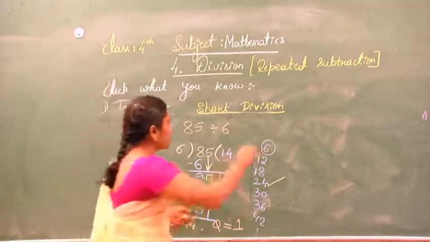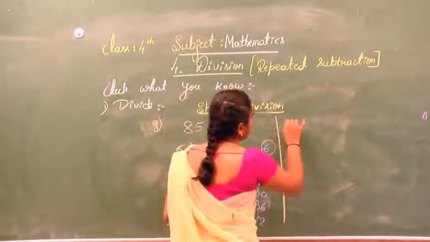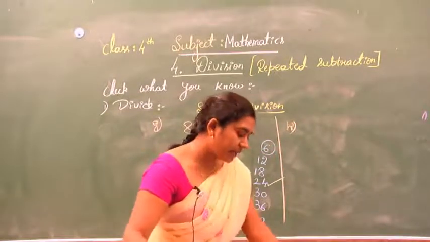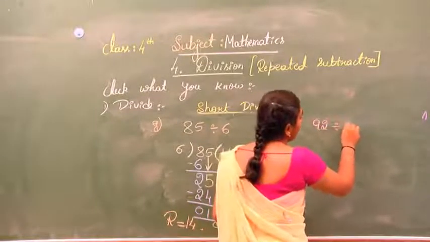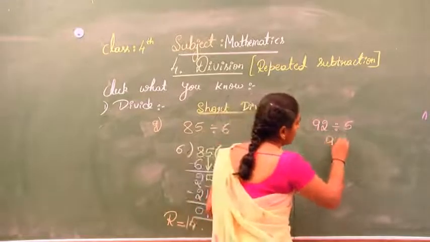Now coming to another question. Question number H, that is 92 divided by 5. 92 by 5. You write it.